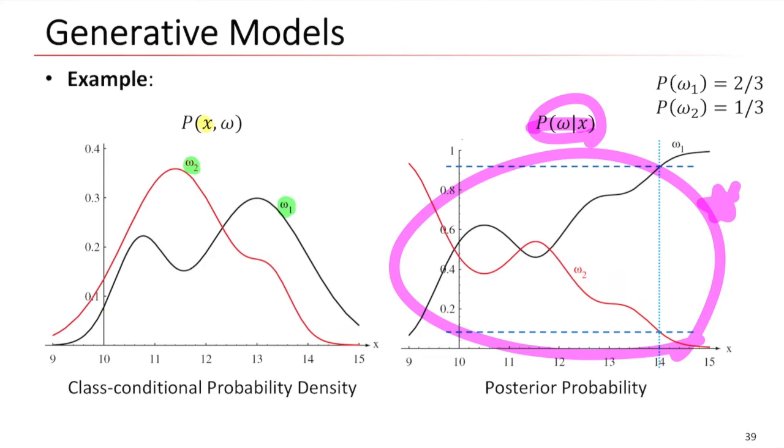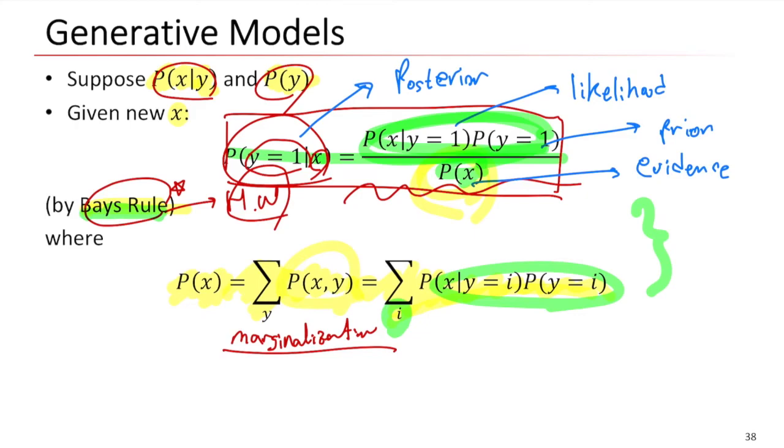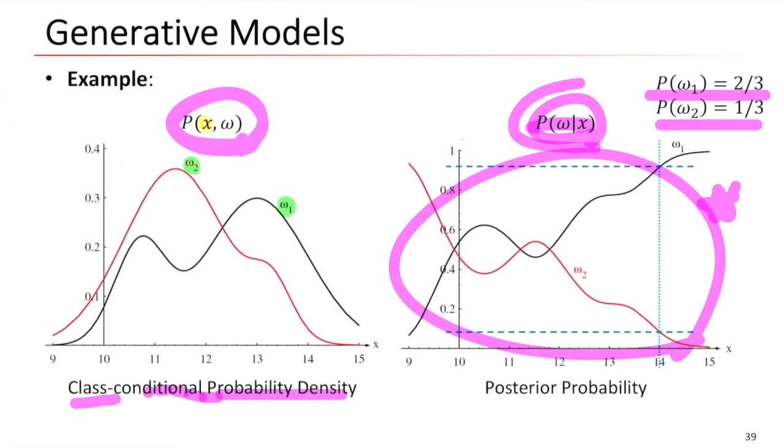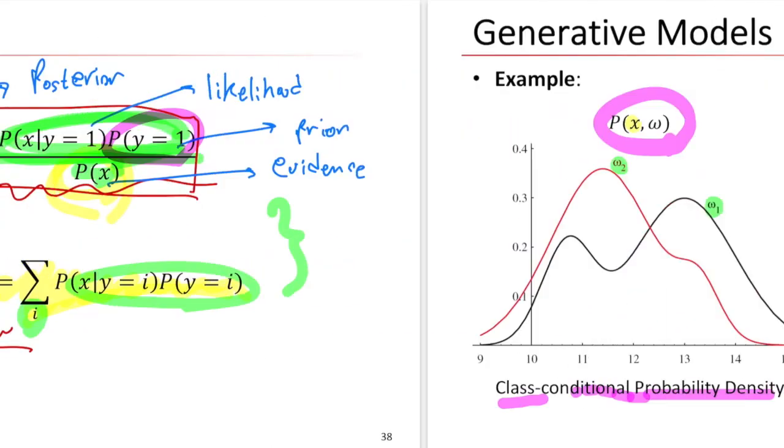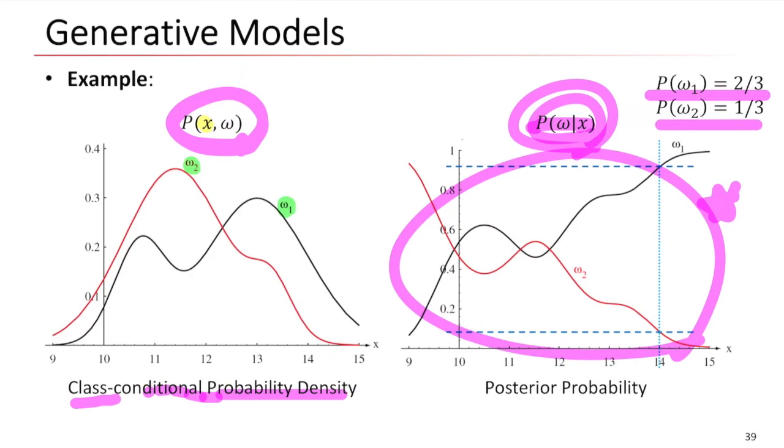But in the generative model, first of all we have to find the class conditional probability distribution here, and with the prior term, this can be represented like this.